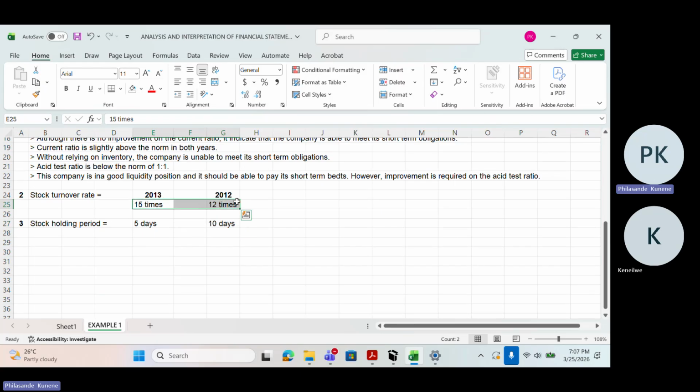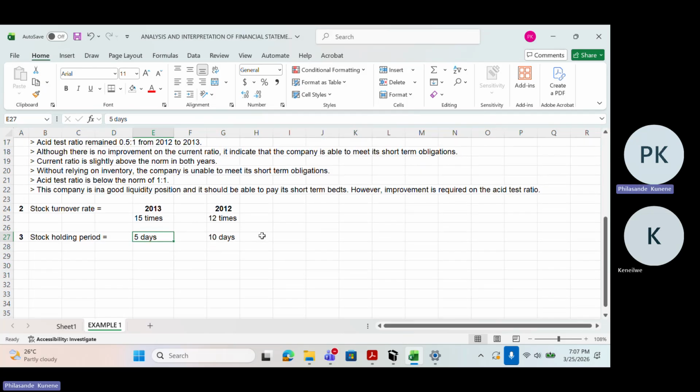If the stock turnover rate is going up, stock holding period must go down, which means this is a good thing for the business. We were holding stock for 10 days in the previous year. In the current year, we're only holding it for 5 days. It means we are selling it faster now than in the previous year, which is an advantage for the business.